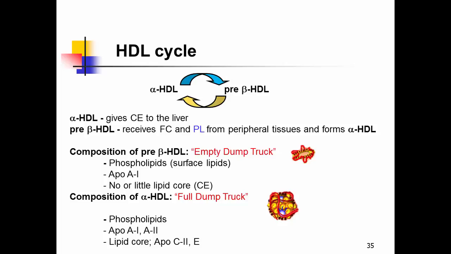Alpha HDL contains similar phospholipids and ApoA1, but also ApoA2. And the most important thing is that the lipid core has a lot of cholesterol, which was initially loaded from peripheral tissue, and it also contains some ApoC2.